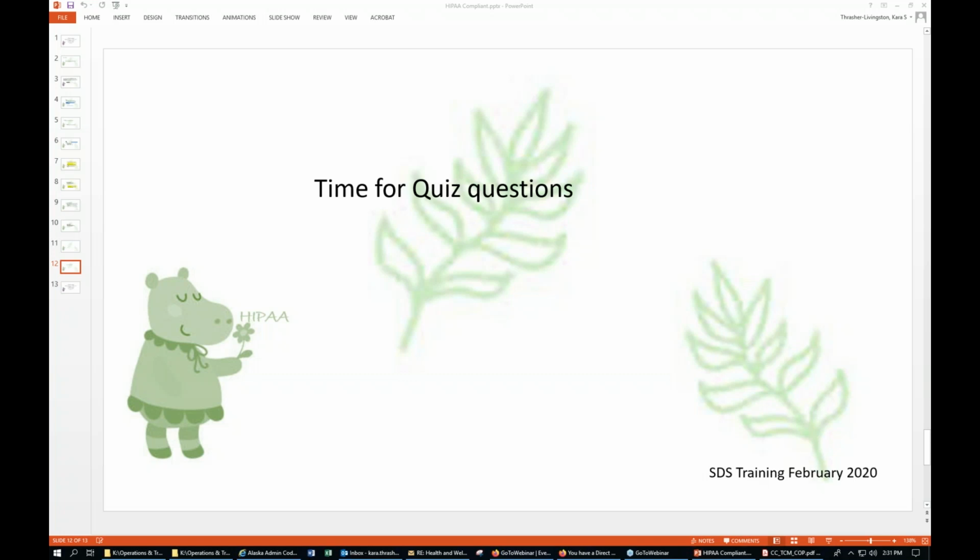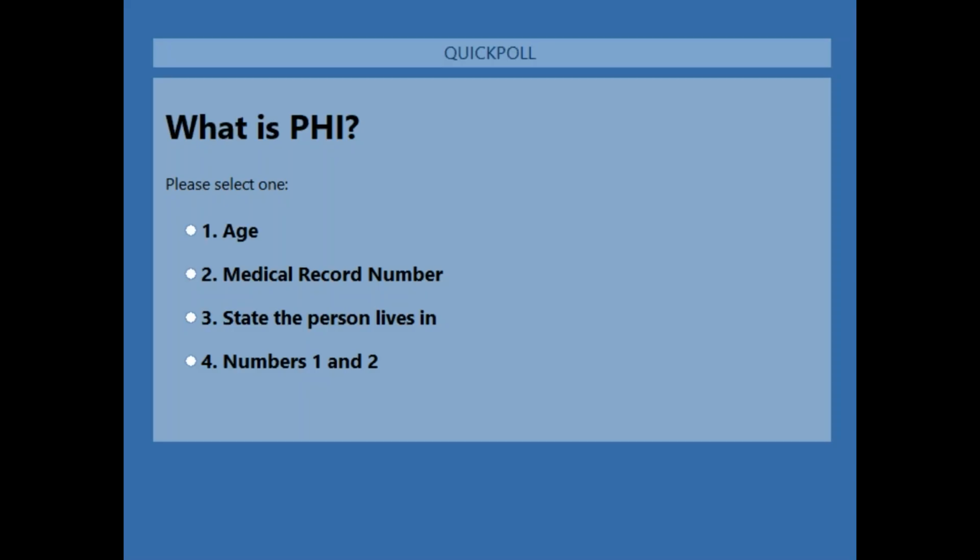I'm going to select a poll, and I'm going to launch it, and hopefully you'll see my poll, and you can click on it. What's PHI? Age, medical record number, the state the person lives in, or only numbers 1 and 2? What do you think?